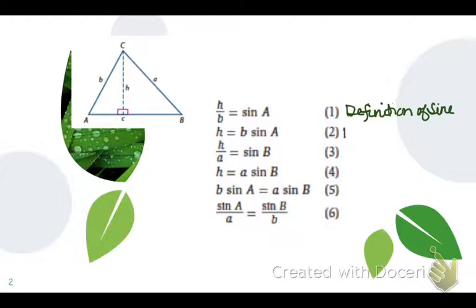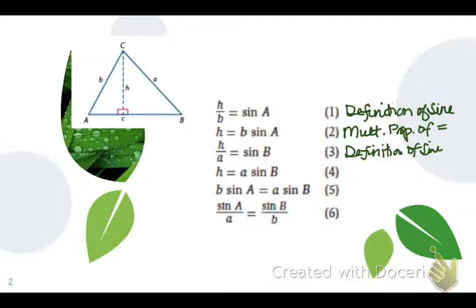We can multiply both sides of that equation by B to get our next statement. That's the multiplication property of equality, which just says what I did to one side of the equation, I've done to the other. We can take the triangle on the right side of the larger triangle and also set up a sine relationship for angle B using our definition of sine.